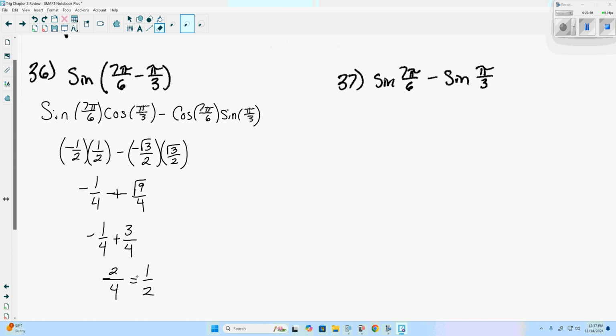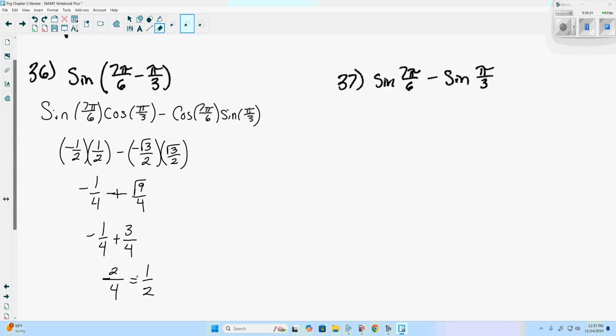Questions on 36? Well, 36 through 42, all of those we can just type in the calculator. We just got to make sure that it's in the correct mode, because if they give us degrees, we need it in degrees. If they give us the angle in radians, our units with pi, we need it in radians. So really, we can type all those into the calculator.